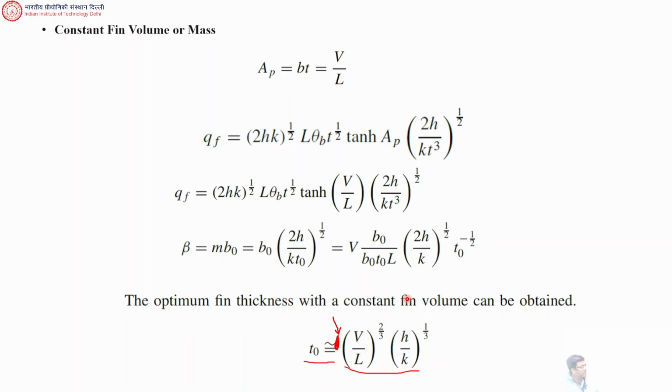Now this is like a prescribed fin volume or mass. So what's the fin volume? Fin volume is L B T. So this is B T multiplied by L. L is the width.